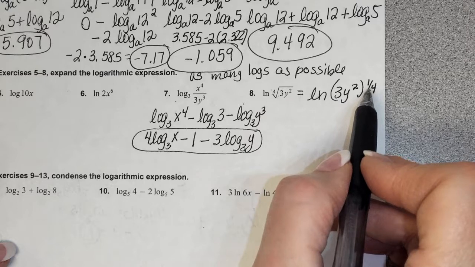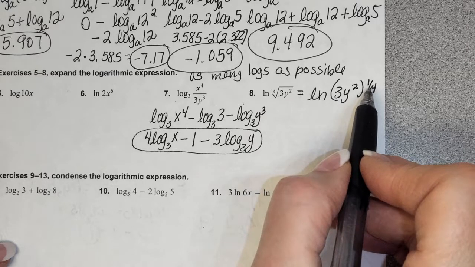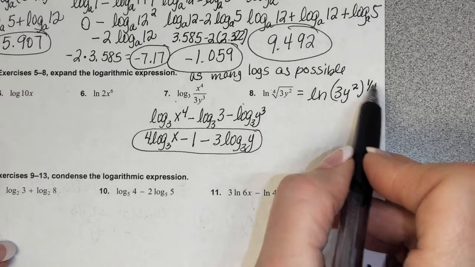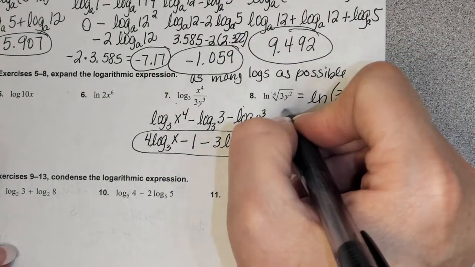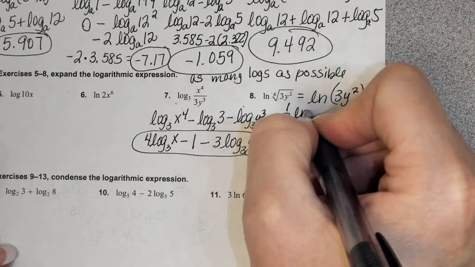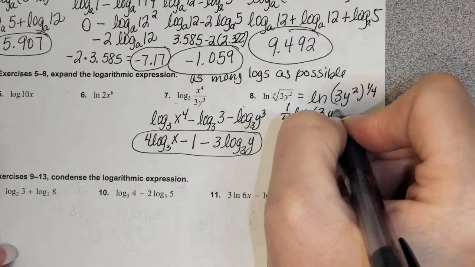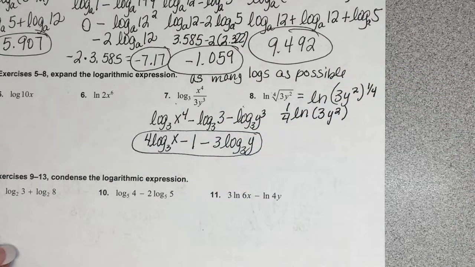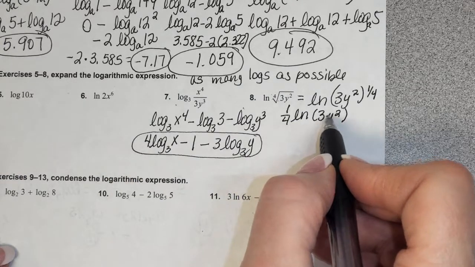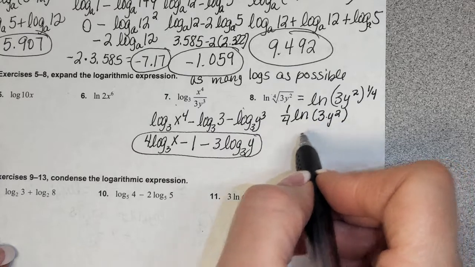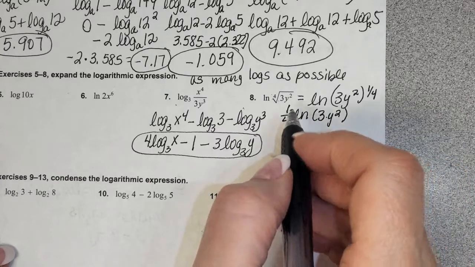So where do I put the 1/4 in? Where do I put this 1/4? In the front. So now I'm going to have this. So the 1/4 is in the front. So what is this going to turn into if I have a 3 and a y squared in its multiplication? What's it turn into? Addition.